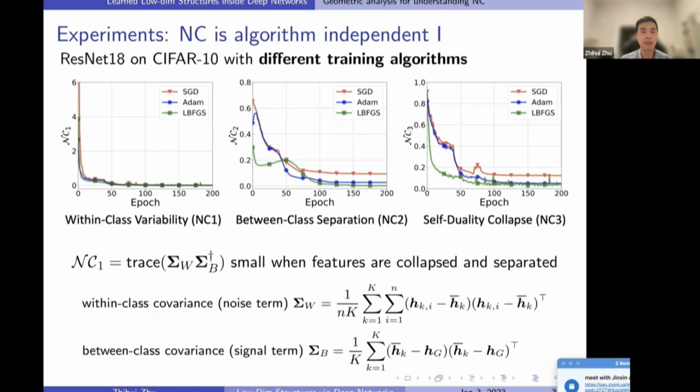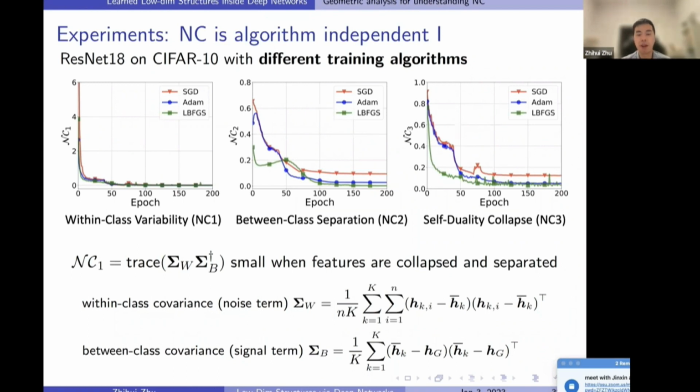Since we will use the first measure very often in the rest of the talk, let's give the formal definition of it. This first measure captures the trace of the within class covariance matrix multiplied by the inverse of the between class covariance matrix. The within class covariance matrix basically captures how far each class's features are from the class mean features, so you can think of it as the noise term.